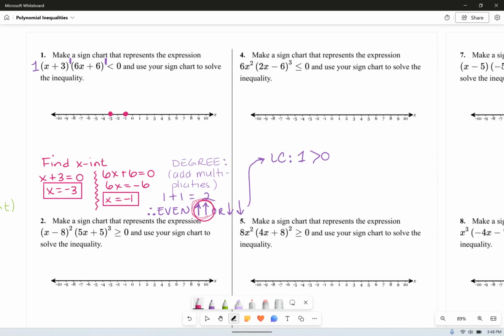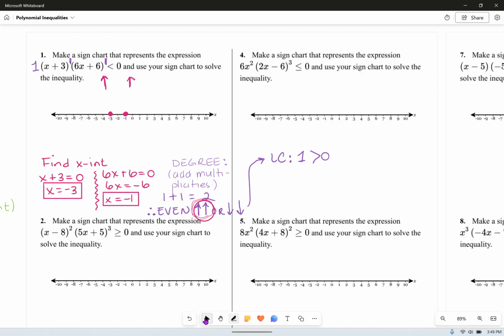So what does that do for our sign chart? I know above my left arrow, my graph has to point upwards somehow. And when I finish touching the second x-intercept, eventually I'm going to have to end up also going up because they both form an even graph of end behavior where the arrows are pointing in the same direction.